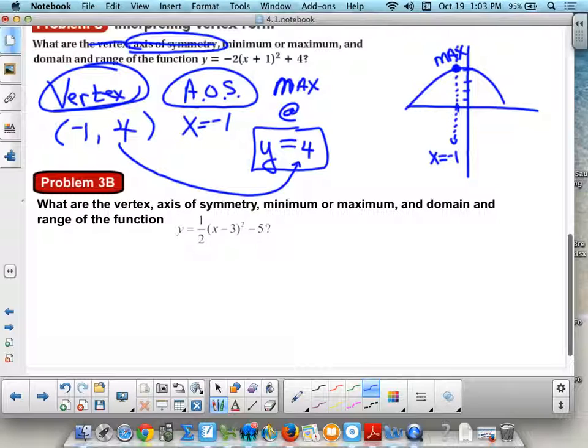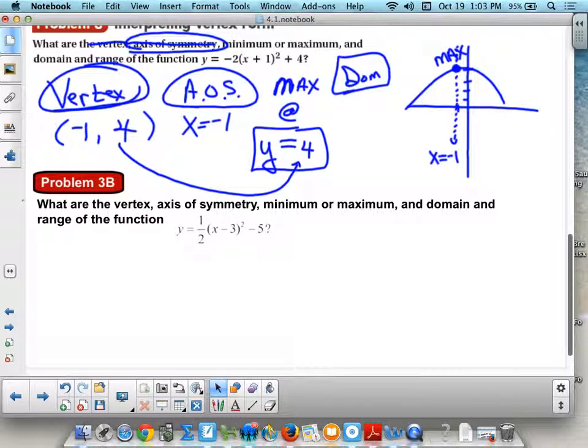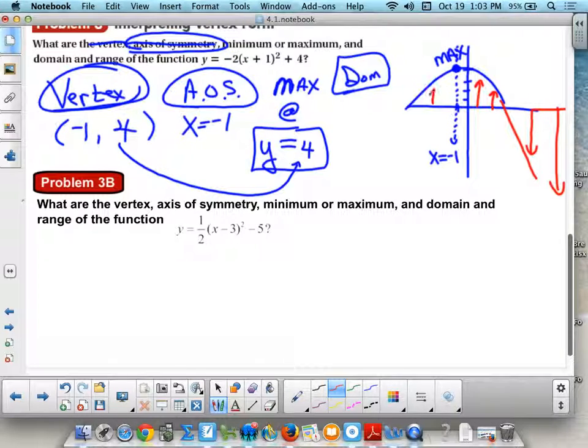What's the domain? What x values actually got answers? This one did, this one did, this one did, this one did. All reals.